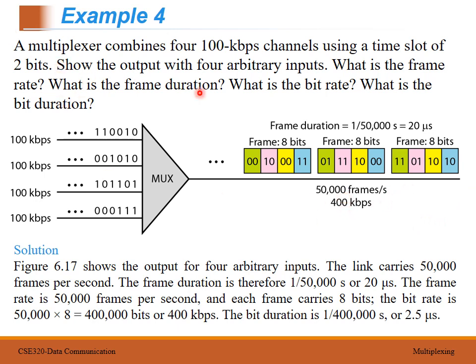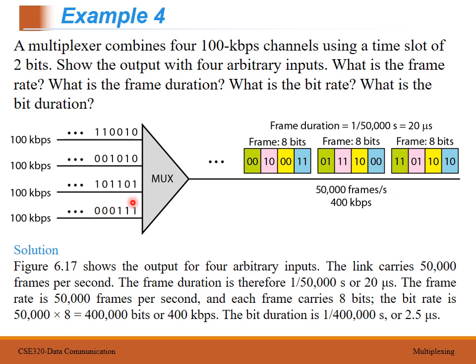Now, what is the frame duration? The duration will be the inverse of the rate. So the frame duration is 1 divided by 50,000 second, or 20 microseconds. Then we have to find the bit rate. Each frame contains 8 bits and the frame rate is 50,000 frames per second.